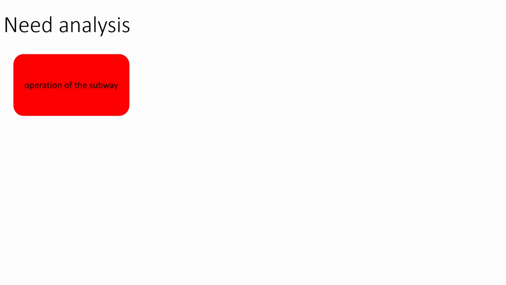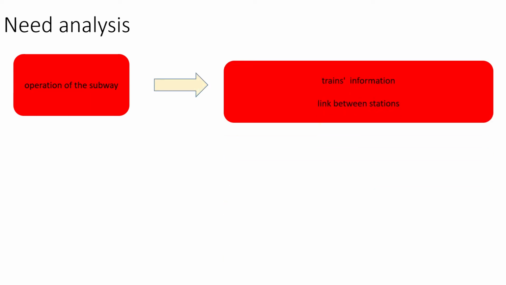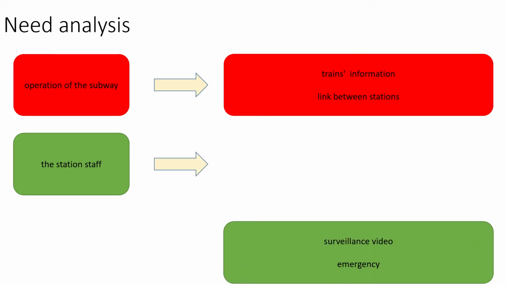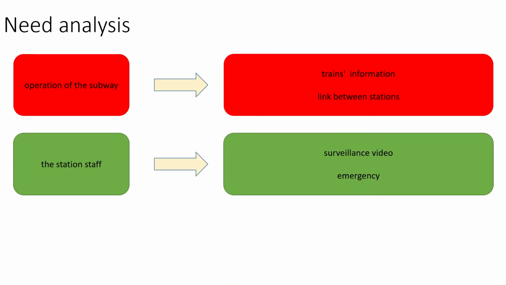The next part is needs analysis. At first, I started with the subjects and I divided them into three categories. The first one is the operation of the subway, which includes train information and the connection between the stations. The next one is the station staff. As I said before, we need some surveillance video to watch the passengers.